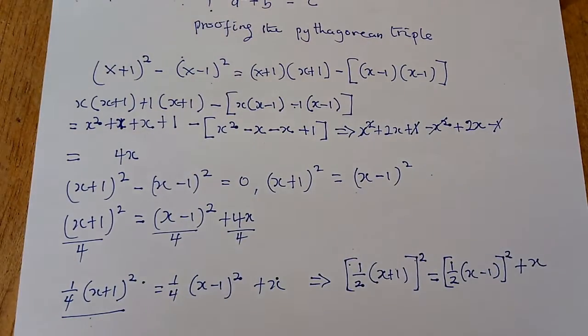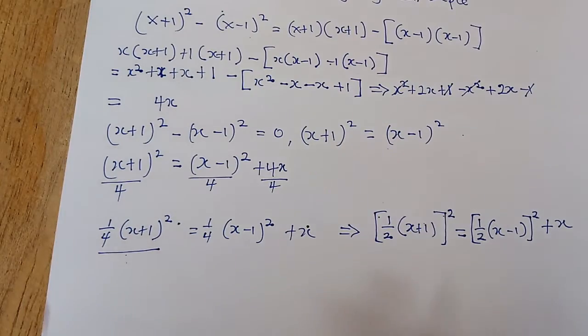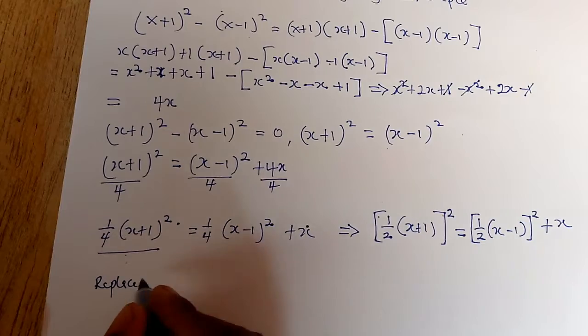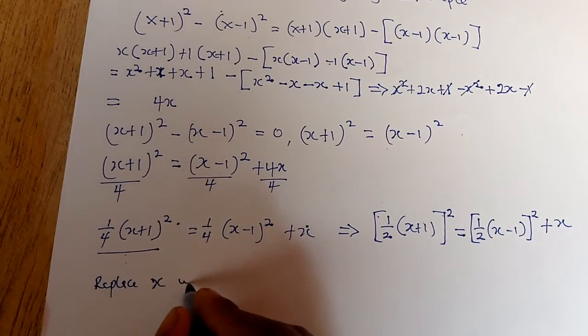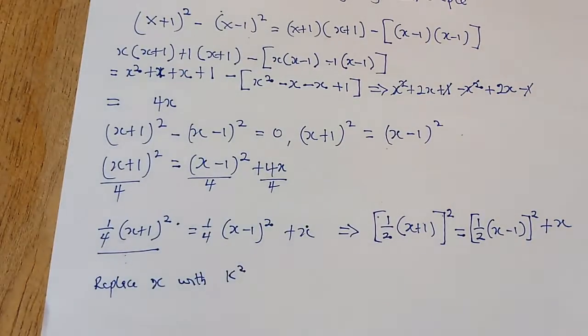Okay, so from this point we can jump straight, and we know that this is equal to this and this is equal to this now. So let's replace x with k², or we are substituting k² in the position of x.